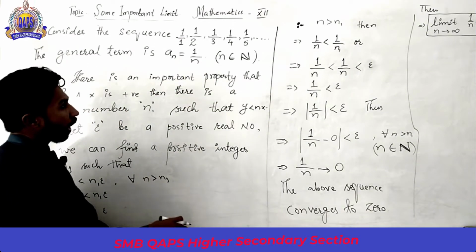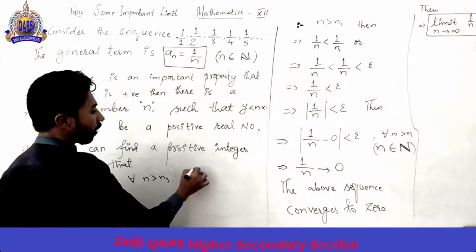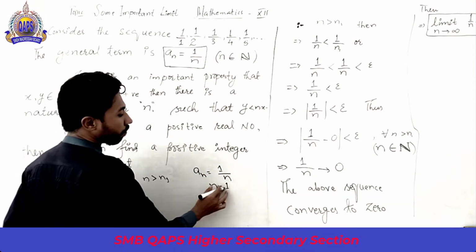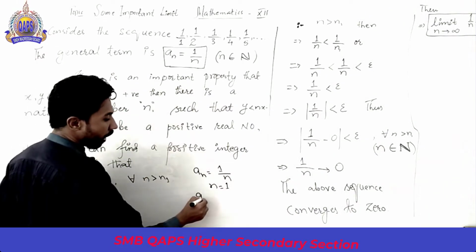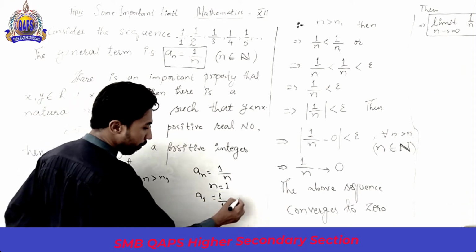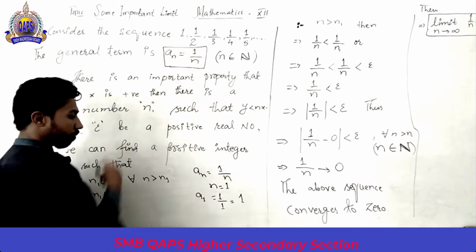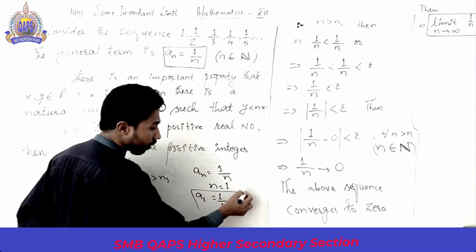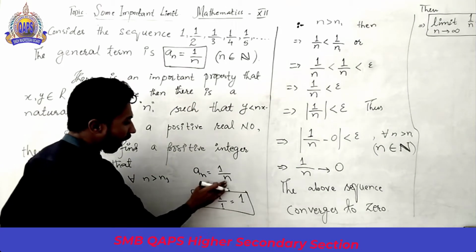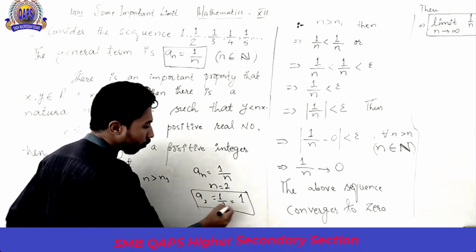Let me explain. Suppose the general term a_n equals 1 upon n. If we put n equals 1, then the first term a_1 is 1 upon 1, which equals 1. Now the second term: if n equals 2, then 1 upon 2.